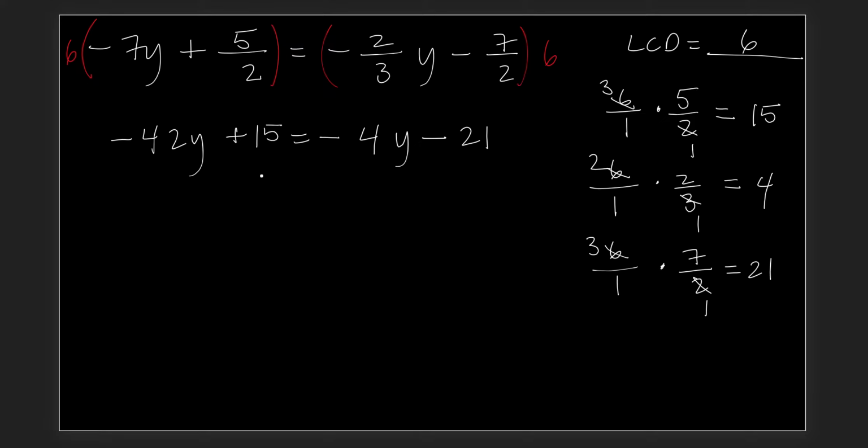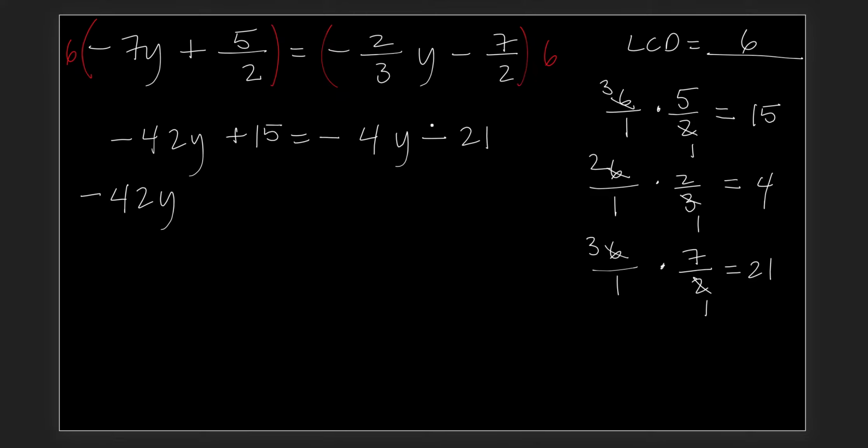So we need the y's to be together on the same side of the equal sign so we can combine them, and we need the numbers to be together on the same side of the equal sign so we can combine them. So I'm going to do this one at a time. You could choose any 4 things here to start with. There's 4 different ways to start, and if you do your algebra correct, you'll get the same answer, the correct answer.